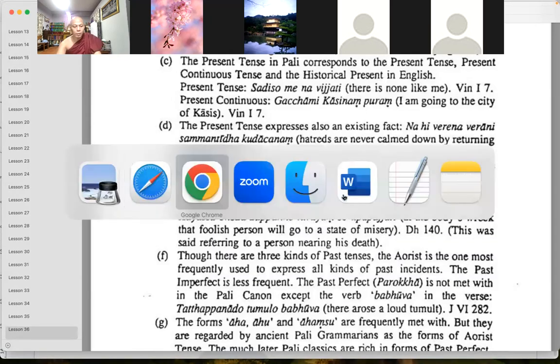We don't know "bhasati", let's check. That is in the Samyutta Nikaya.